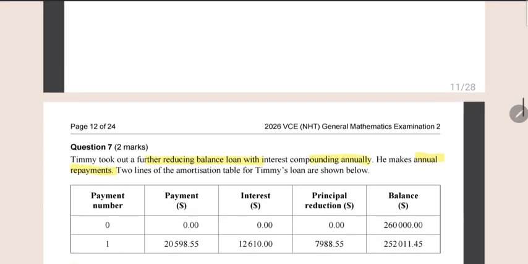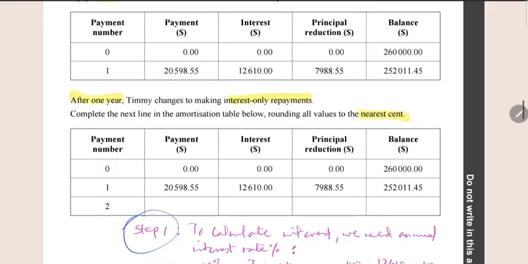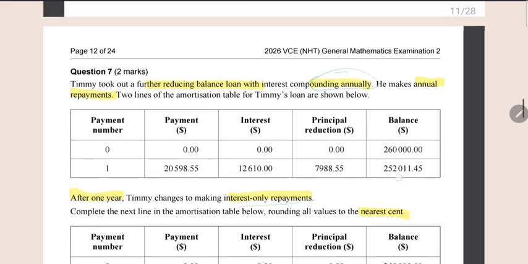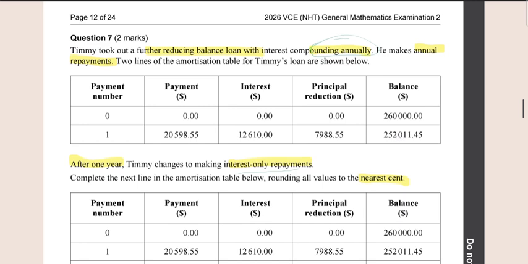The next question, question 7, gives you an amortization table, which is a further reducing balance loan compounding annually, and he makes annual repayments. Now, after 1 year, Timmy changes to an interest-only loan. The interest-only loan implies that the value you have will stay the same, because all you do is make repayments equal to the interest.